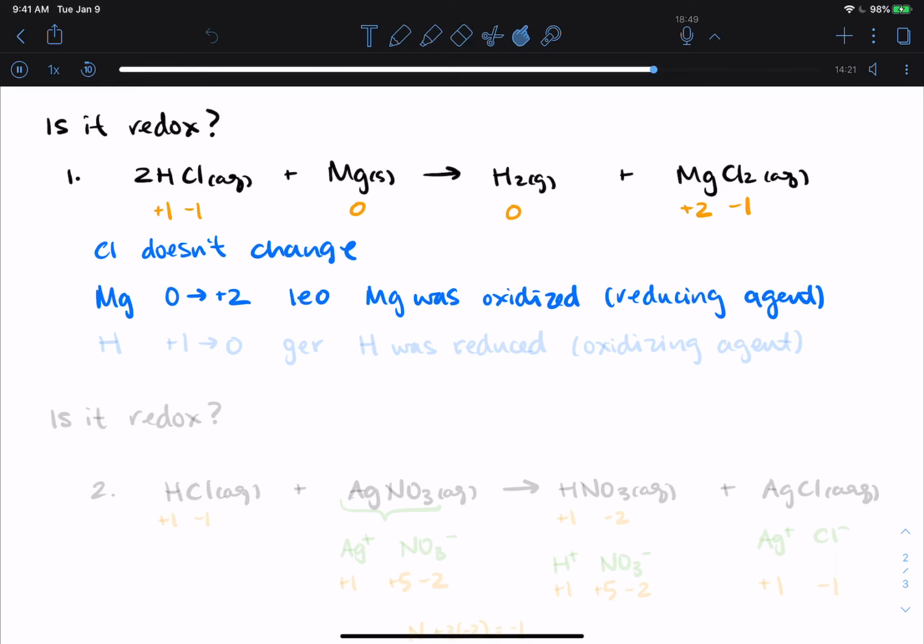And hydrogen, it's the only thing I haven't accounted for, goes from a +1 to 0. So it gained electrons. So it had to be reduced. Hydrogen was reduced. So it was the oxidizing agent.